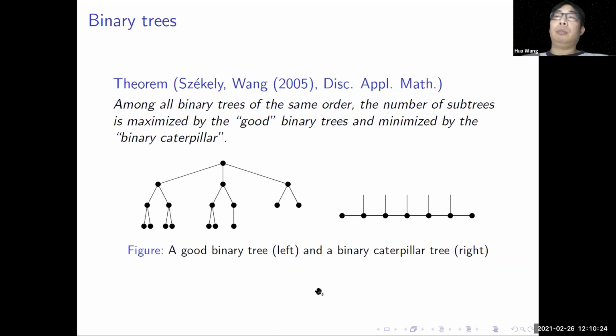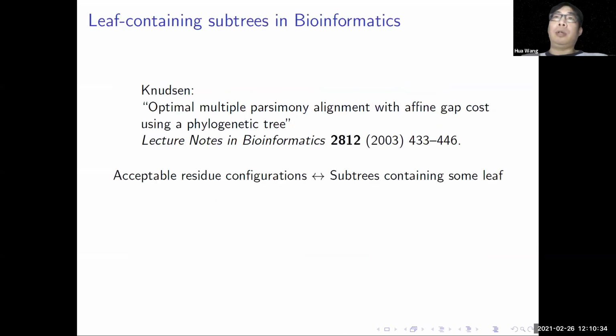The proof is a little bit more technical than just this, but intuitively, it's very easy to understand and believe these observations. And one of the main motivations for this was this so-called number of parsimony alignment in the study of phylogeny.